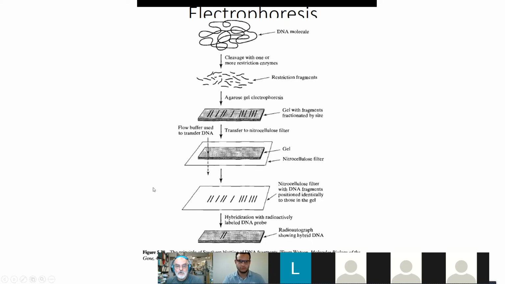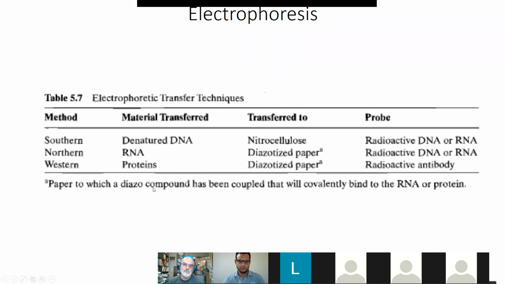And it's just showing you the different kinds of things that you can do for blotting. And it mentions the fact that a Southern is for DNA, a Northern is for RNA, and a Western is for proteins, and using these various techniques for identifying particular fragments.